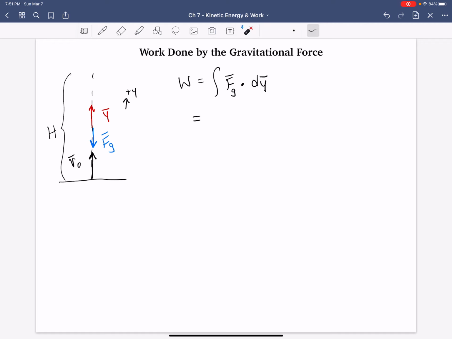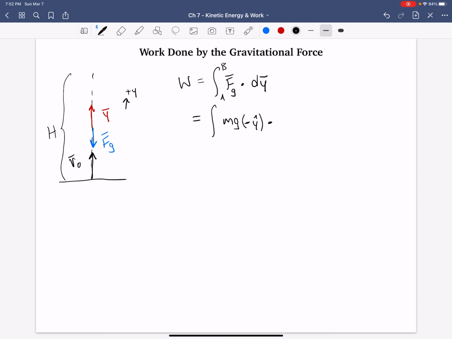Let's write each of these terms in unit vector notation. Let's keep the integral sign, from point A to point B. The magnitude of Fg is mg, and its direction, as we've specified, is negative y hat. And yes, you can use negative j hat also if you feel more comfortable using that. That's fine.